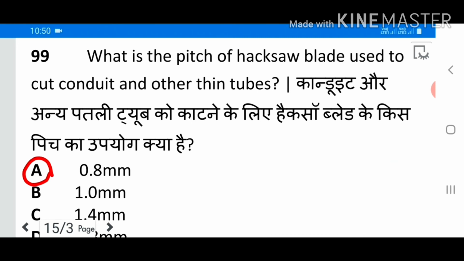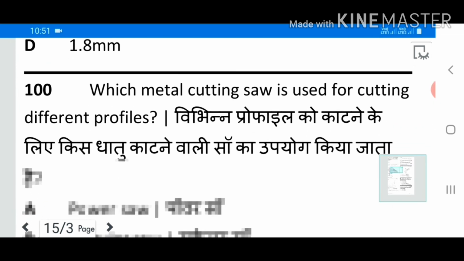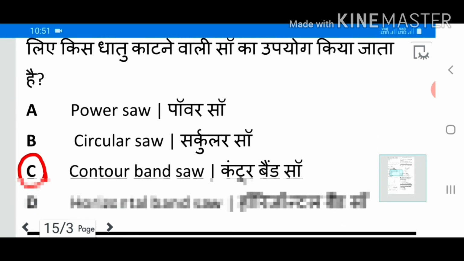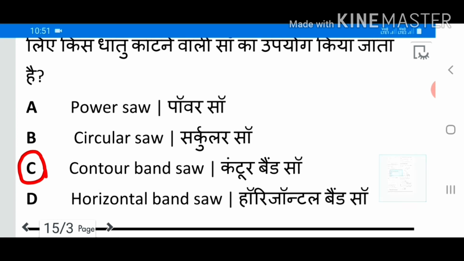What is the pitch of hacksaw blade used to cut conduit and other thin tubes? Answer A. 0.8 mm. 100. Which metal cutting saw is used for cutting different profiles? Answer C. Contour band saw.